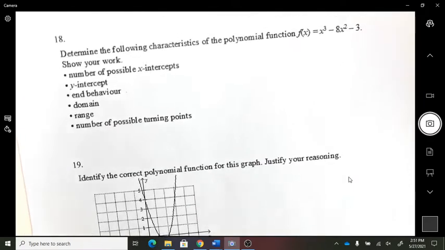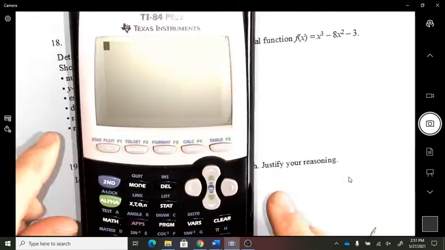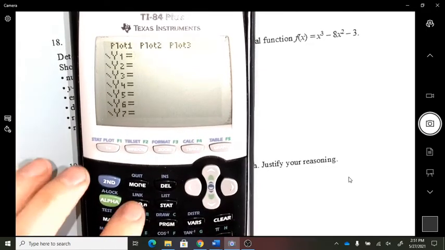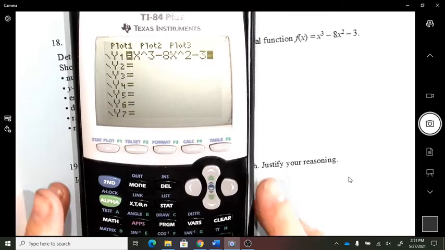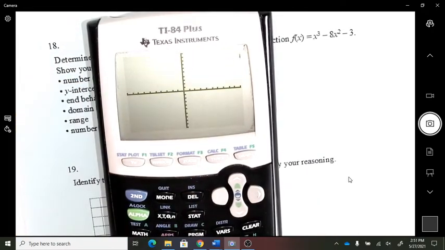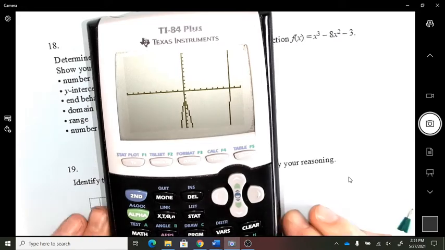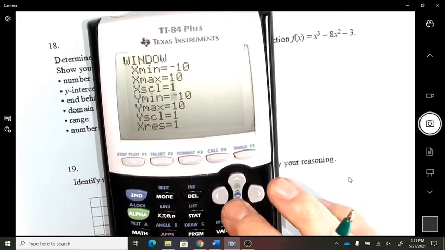Okay, polynomial. So, graphing calculator time. X cubed minus 8x squared minus 3. I'm going to zoom 6 it to see what happens. Okay, I think I'm going to go lower here. I don't know, can't see much low. So Y min.